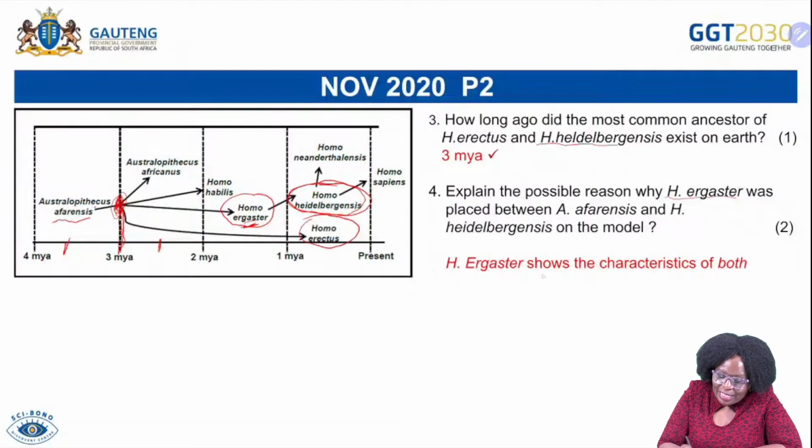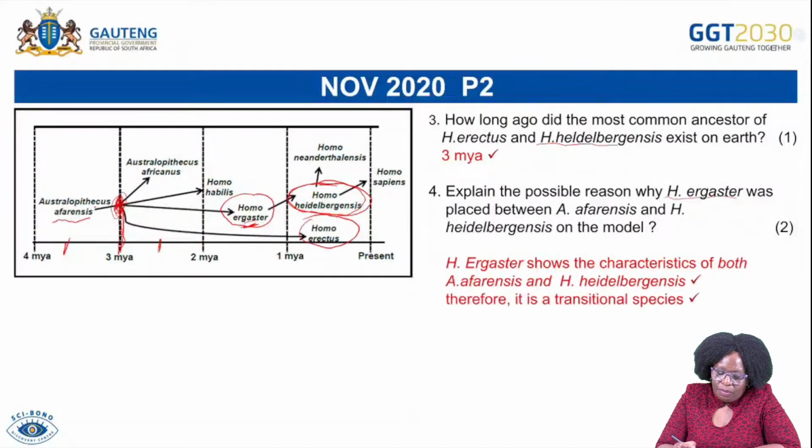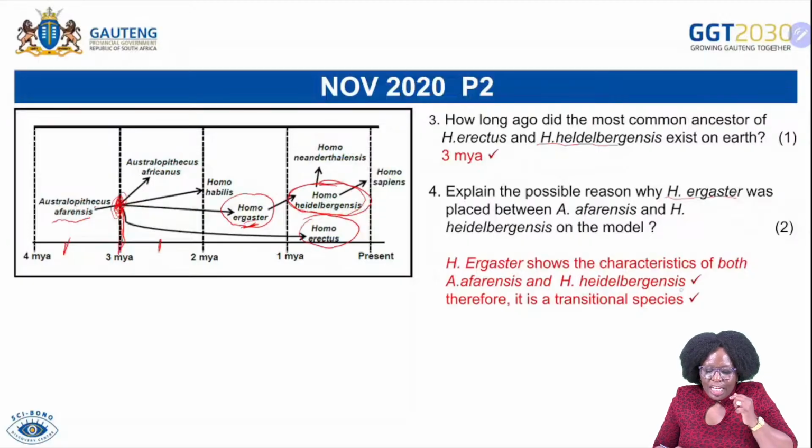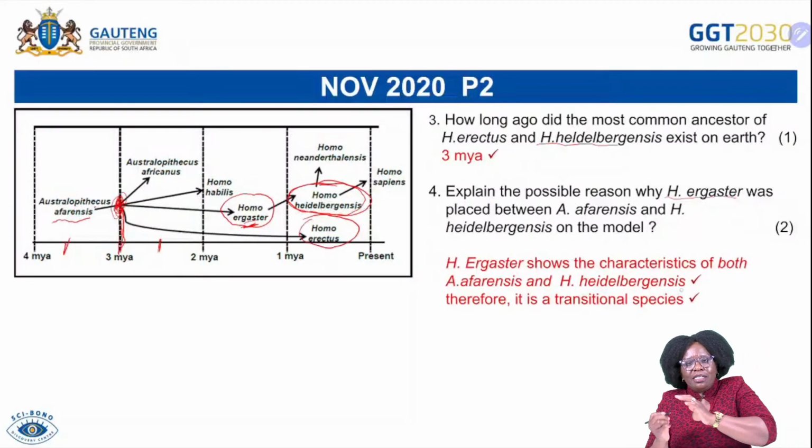Because Homo ergaster shows the characteristics of both, Australopithecus afarensis and Homo heidelbergensis. Therefore, it is a transitional species. Something that is found in between, it carries some of each.